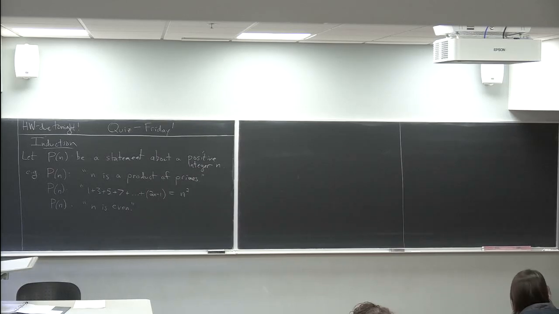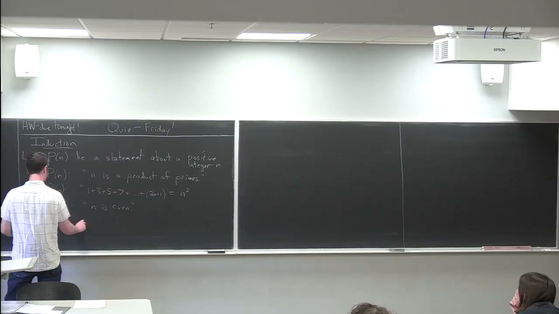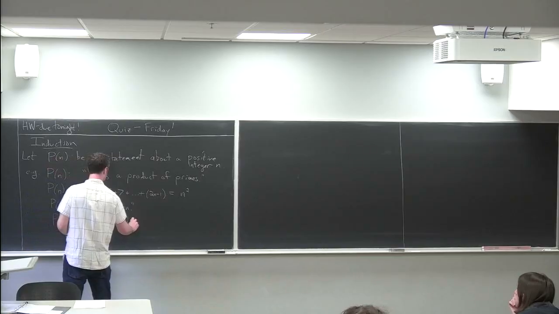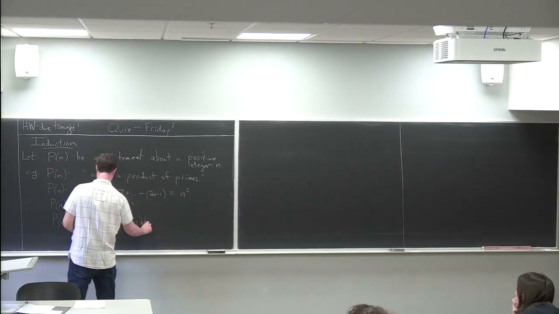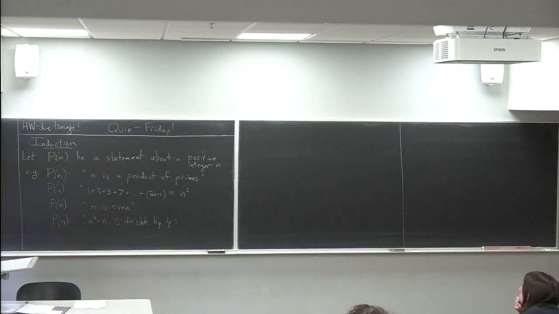For some n, that's true; for some n, that's false. This other statement is true for all n, as long as n is at least 2. And here's one more example, which may or may not be true.